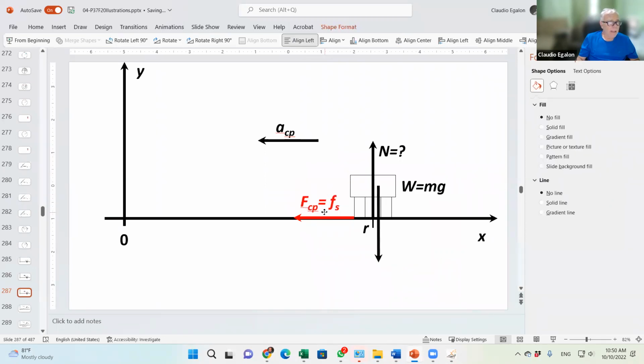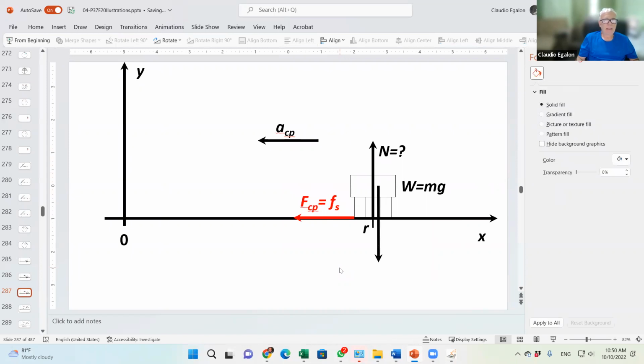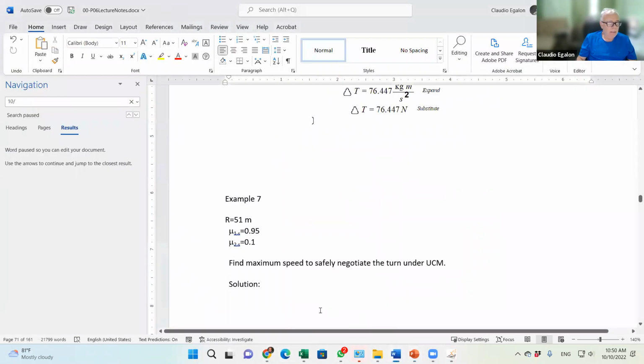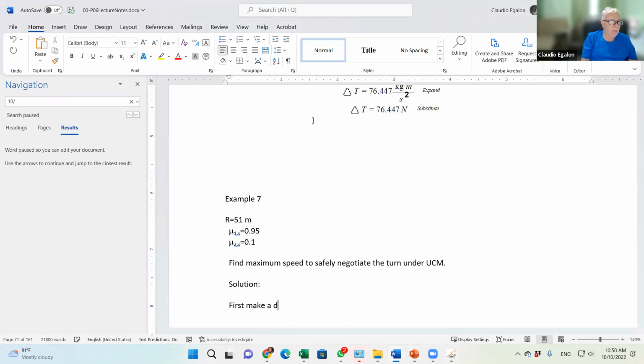Let's not forget that the force of static friction has values between 0 and a maximum value. Remember that? So that's the little secret that you have to keep in mind. First, make a drawing of the situation.